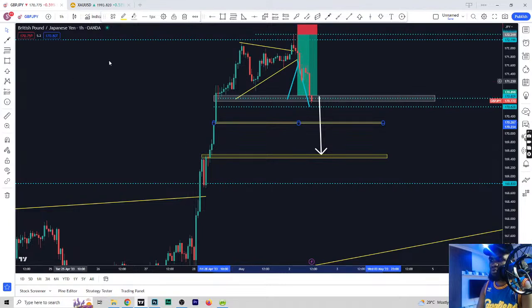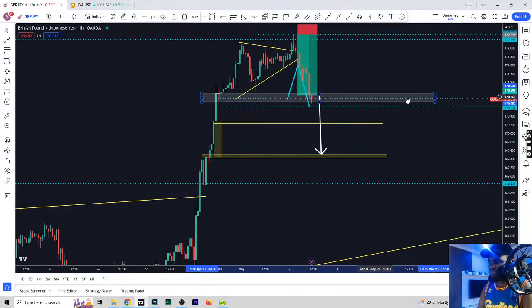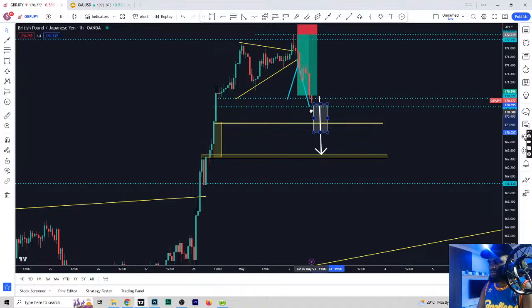We have two gaps which need to be filled. Boom and a boom. So no wonder news can go down.